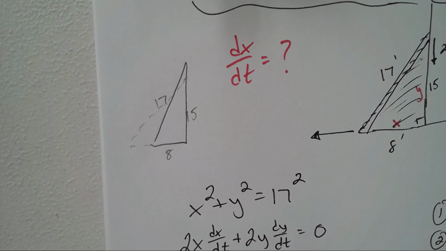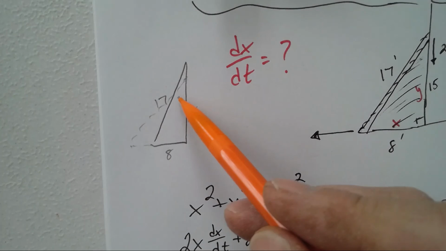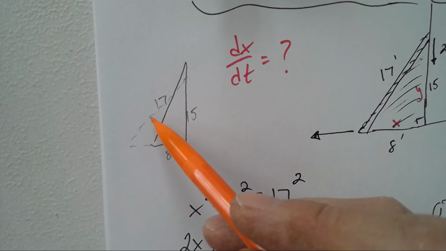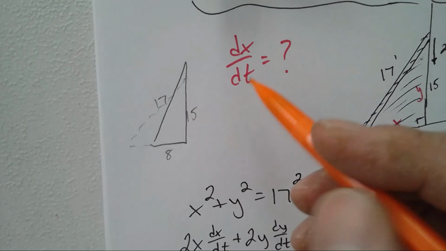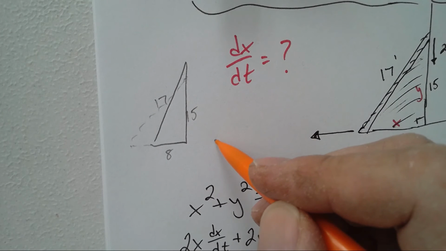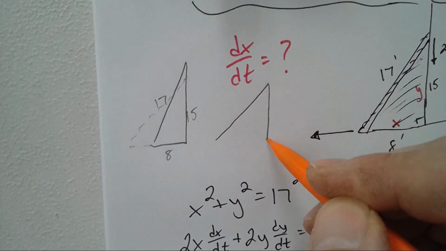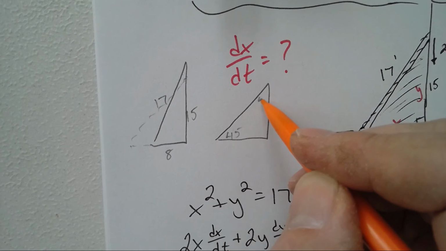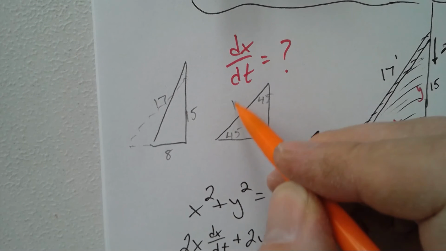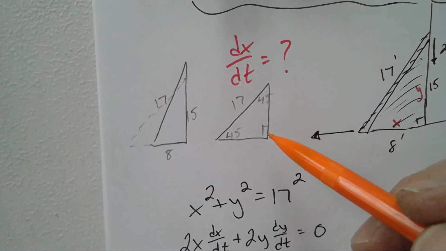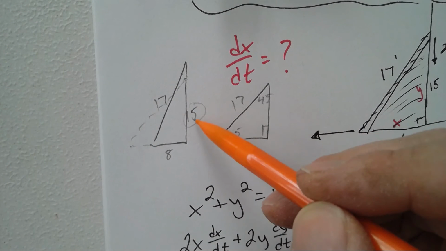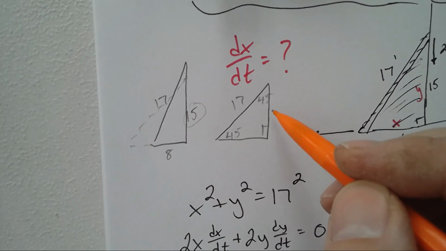Well, what if I asked you, if the hypotenuse is 17, what's the maximum area? What kind of triangle would produce the maximum area? A 45-45-90. So if it's this one, it's going to produce the largest area possible. Right now, this side here is larger than this side. For a maximum area, these two sides would be the same.